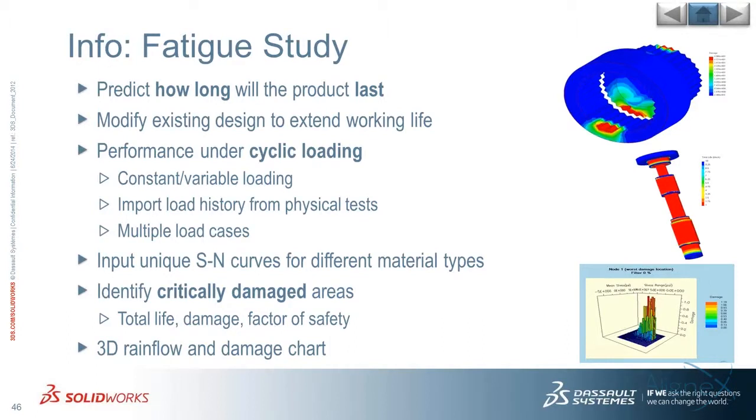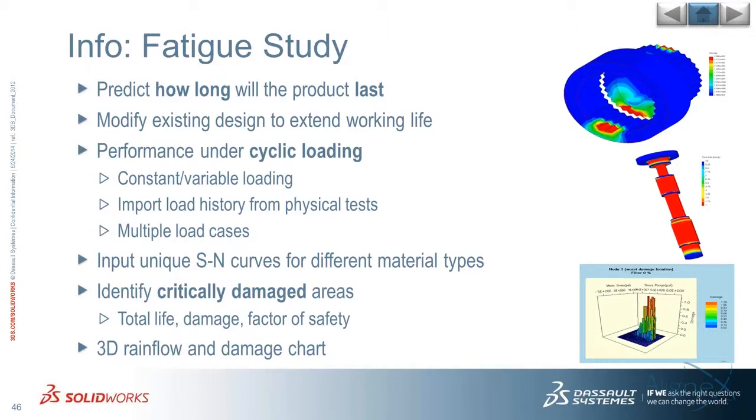We can do both a constant cycle or a variable loading cycle, where the amplitude of the load changes as the load history occurs. So we can set up this variable loading history as well, and also import this load history from physical tests. We can also set up multiple load cases.